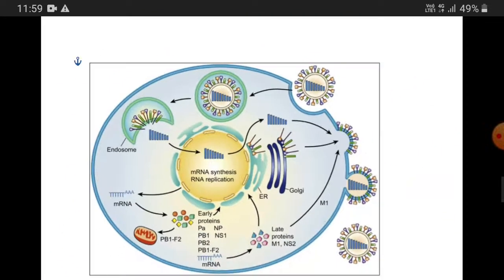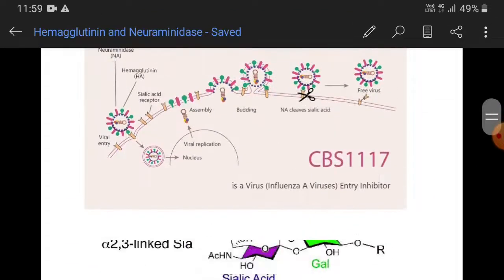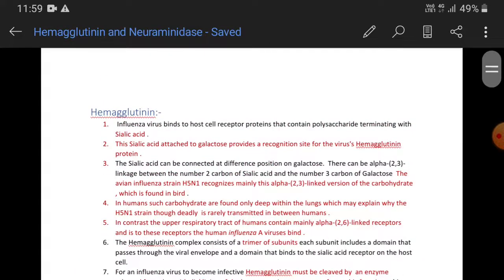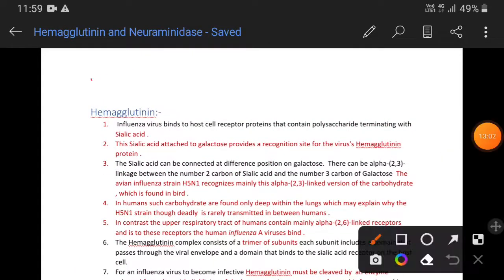Now if someone told you to write about the function of the hemagglutinin, you have to mention the entry of the virus, how they interact with sialic acid by recognizing the linkage between sialic acid and galactose. And then you have to write about how, due to the conformational changes of the hemagglutinin, the fusion peptide tries to fuse with the vesicle membrane and ensures the release of the viral content in the host cytoplasm.